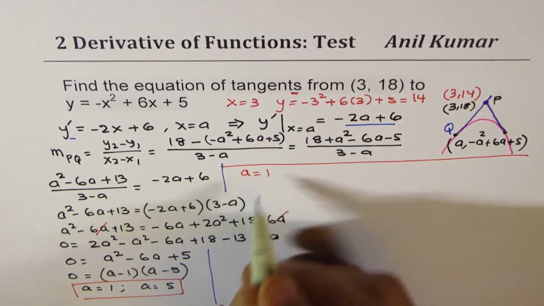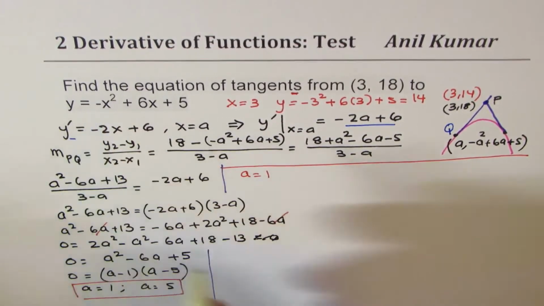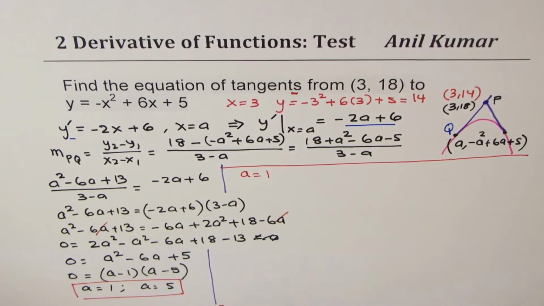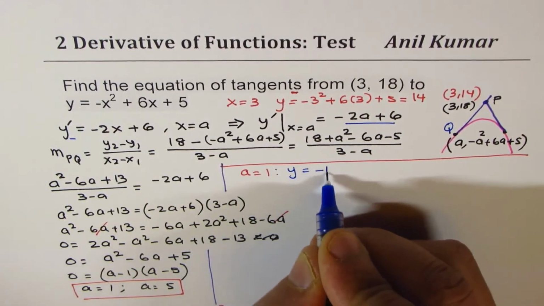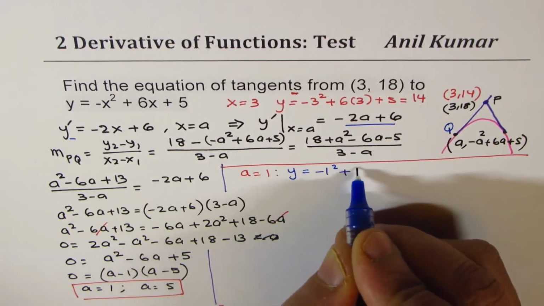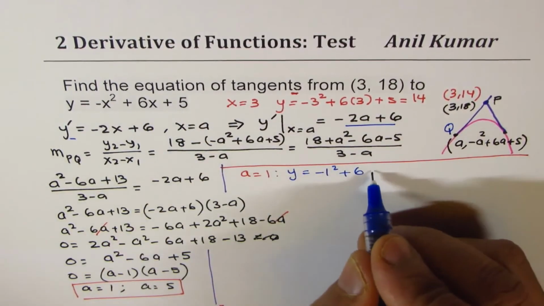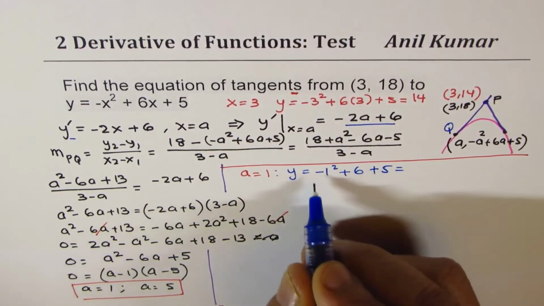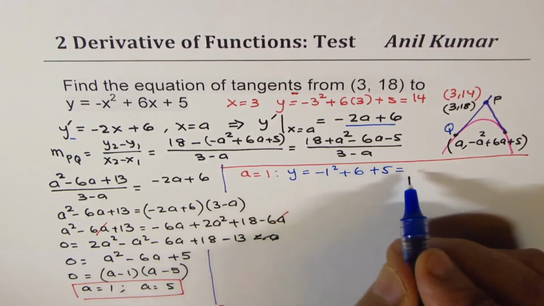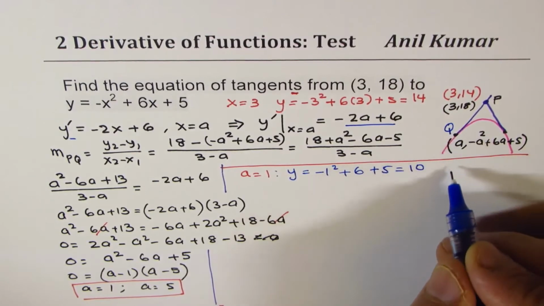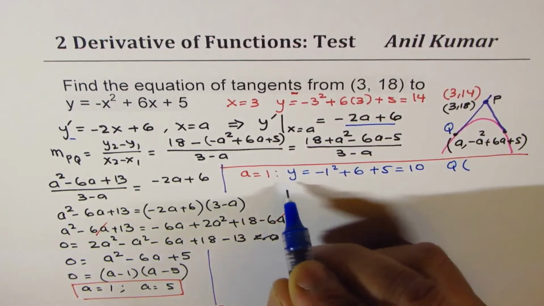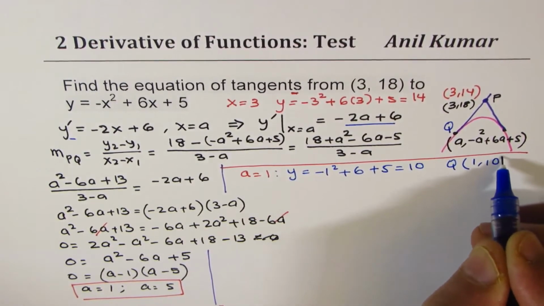Now if a equals 1, then y equals what? Let's calculate. y will be equal to minus 1 square plus 6 plus 5. So that is minus 1, which gives us plus 10. And so one of the points, let's say Q, could be 1, 10, right?